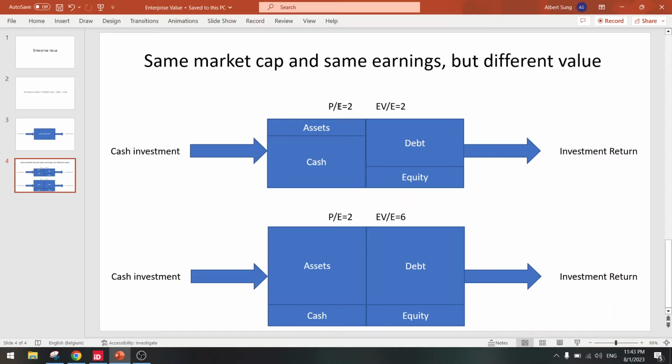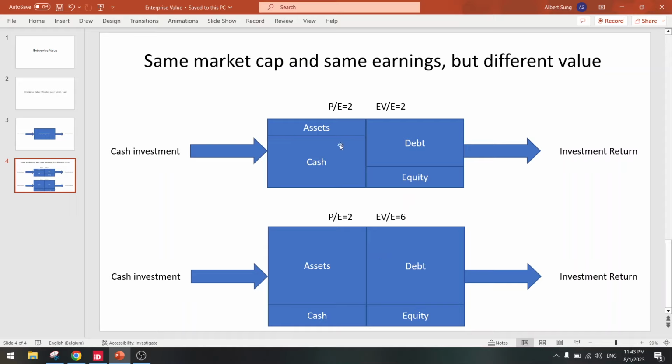This is why enterprise value is much more important, because enterprise value not only looks at the market cap, which represents the shareholders, but it also looks at the debt of the company. And this is where the things are different between these two companies.